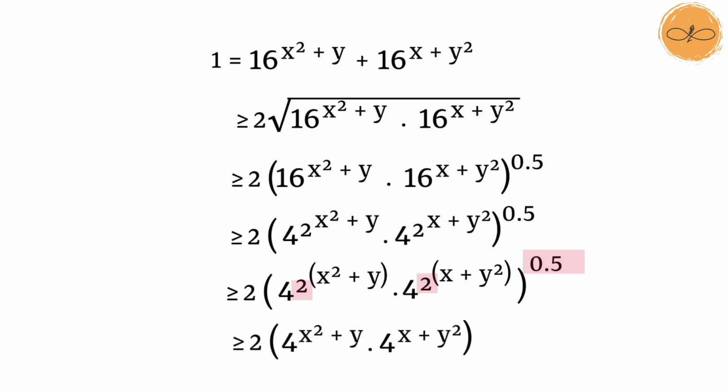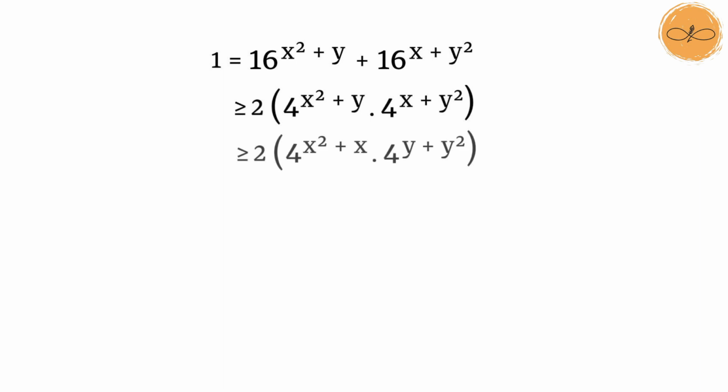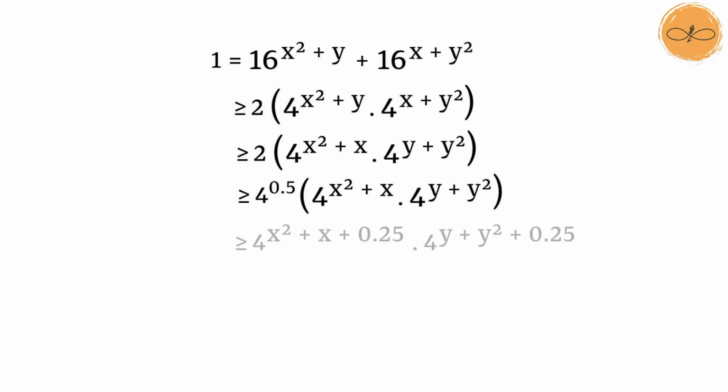From here we will further simplify the exponents. We will group the x terms in one exponent, and the y terms in the other, so we have 4 to the power of x squared plus x multiplied by 4 to the power of y plus y squared, then 2 is equal to 4 to the power of 0.5, and 0.5 is equal to 0.25 plus 0.25, so we will put 4 to the power of 0.25 in each of these exponents in the product.